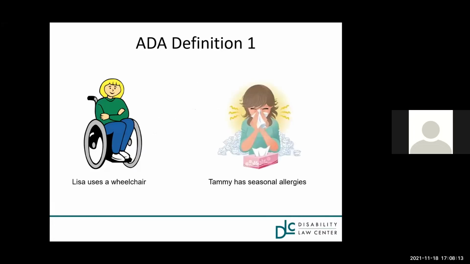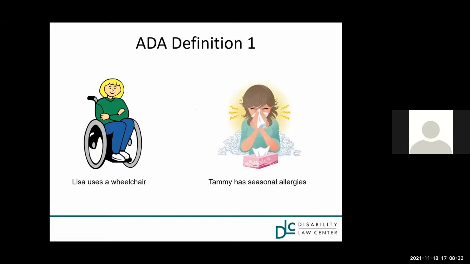So for instance, we've got Lisa here who uses a wheelchair. That seems like it's probably a physical impairment, which substantially limits the major life activity of either standing or walking or both of those things.